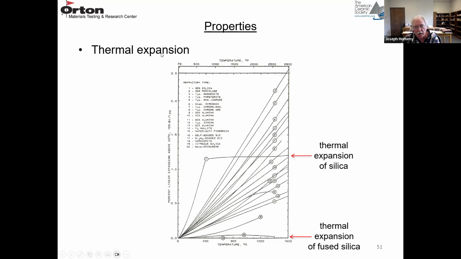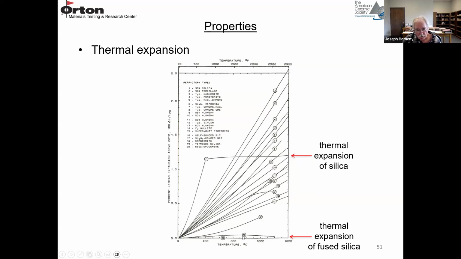So if we look at the thermal expansion of a silica refractory versus fused silica, this is percent linear change versus temperature. And there's a whole range of refractory compositions on this diagram. So this is the crystalline silica refractory. It goes through the displacive transformations and then has this flat behavior. But this is where fused silica is. It's number 19 here.